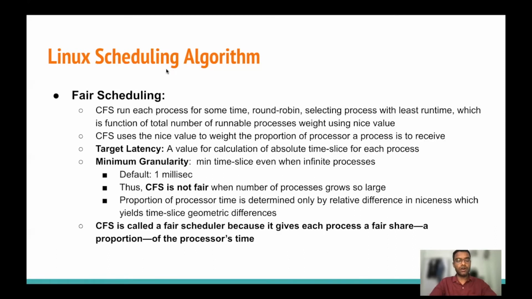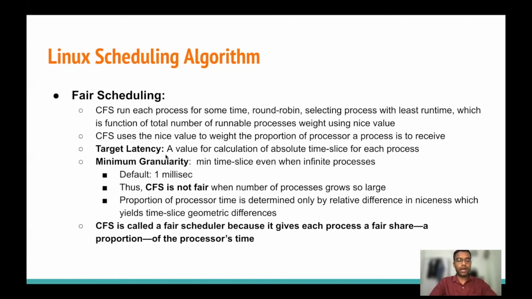So this is the fair scheduling algorithm of Linux, and that is for the normal processes. This scheduler will pick the next task to schedule on the processor based on the least runtime on that processor. And further, it is weighted with the help of the nice value of the process. There is a concept called target latency.